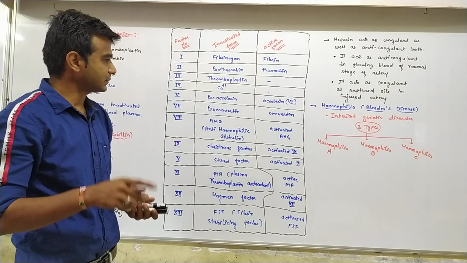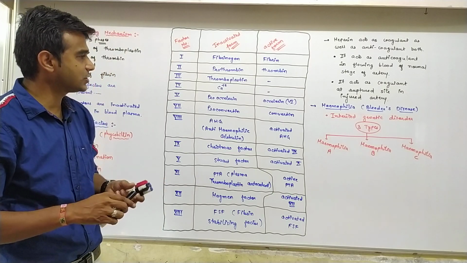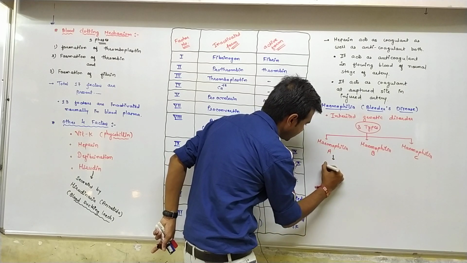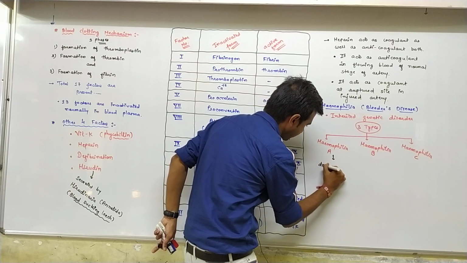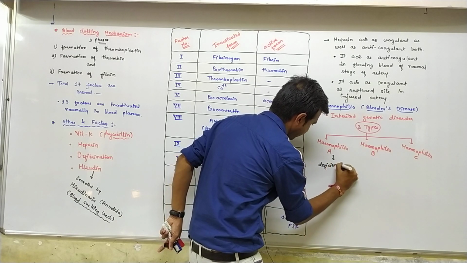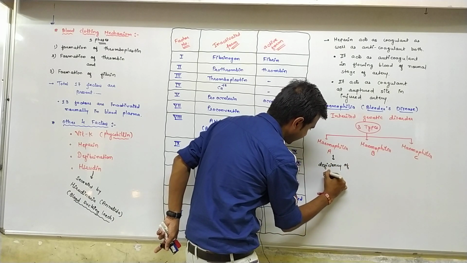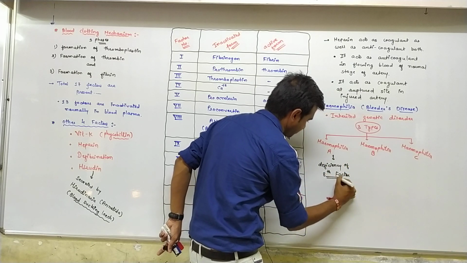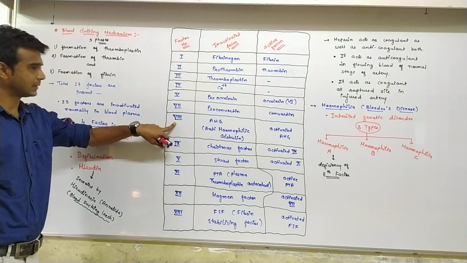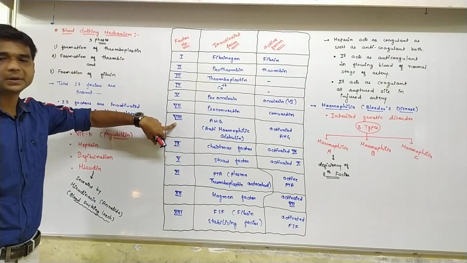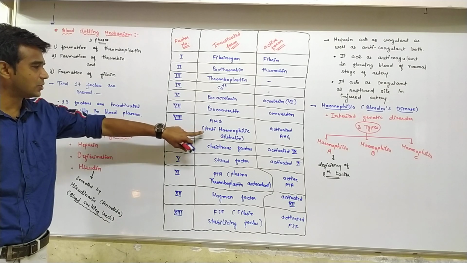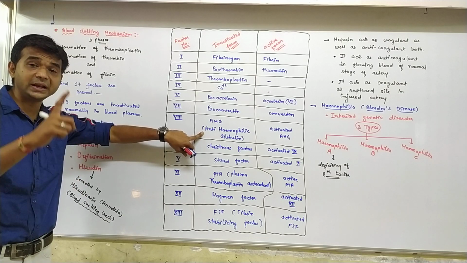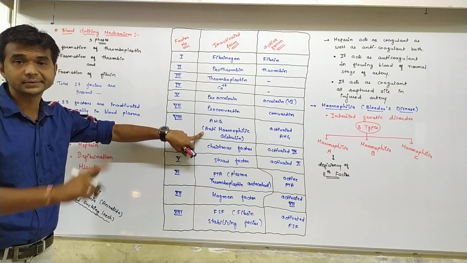Right? So here hemophilia is of three types. Hemophilia A, due to deficiency of the eighth factor. See, if in the person anti-hemophilic globulin is there, then in the presence of anti-hemophilic globulin, hemophilia cannot occur.